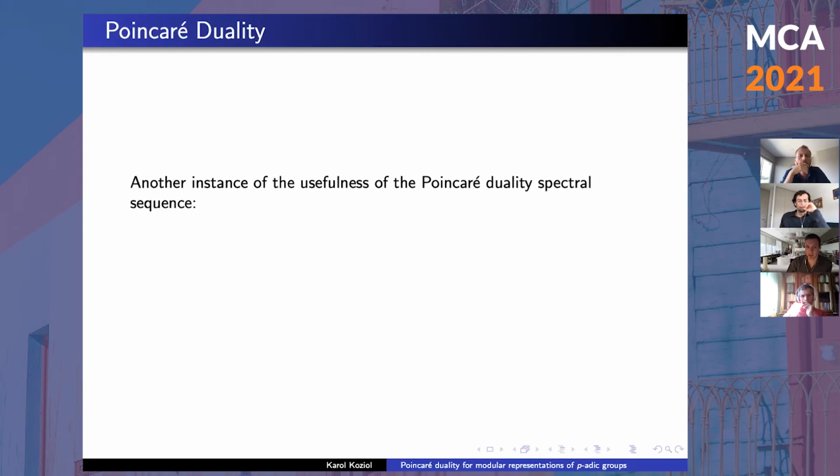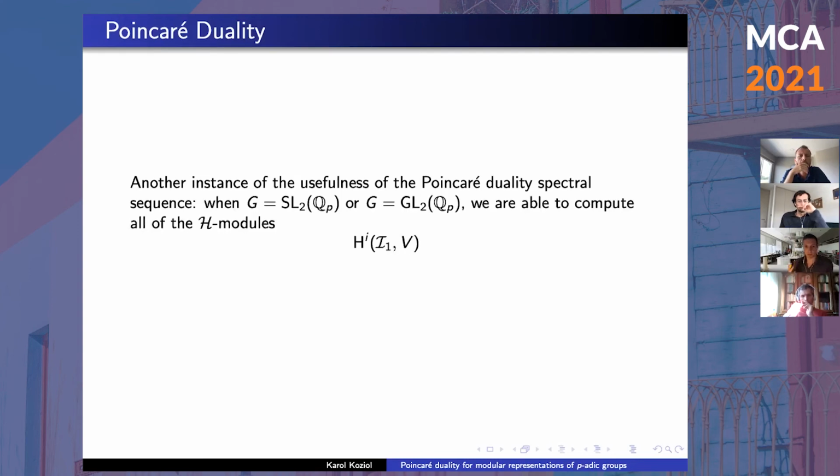As another instance of the usefulness of this spectral sequence, for the groups SL2(Q_p) or GL2(Q_p), one can actually compute all of these cohomology spaces as Hecke modules where the coefficients live in an irreducible G representation. So if the group is relatively small, then we have a complete understanding of what these cohomology spaces are.